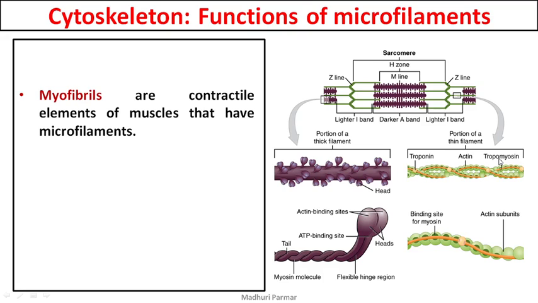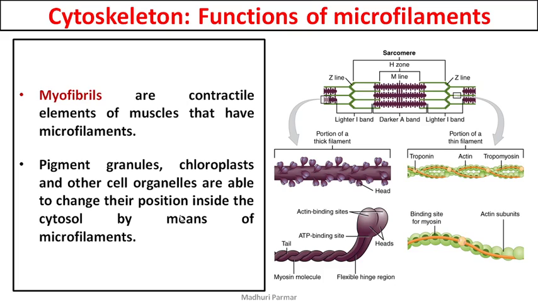And on actin, the orange colored wire-like thing you are seeing is tropomyosin, and this bead-like structure is troponin. Fine, that is all secondary, but for us it is important to remember these actin molecules. This actin is very much important for contractile function of the muscles.